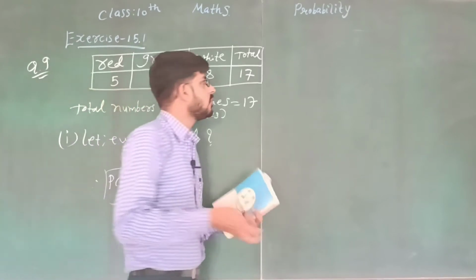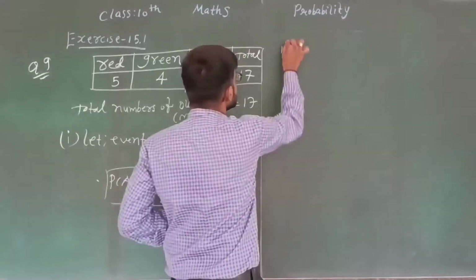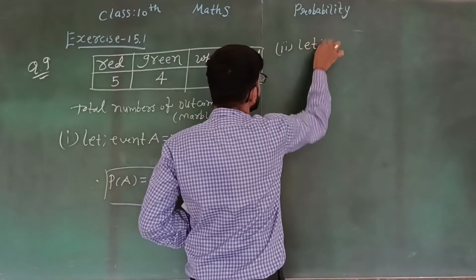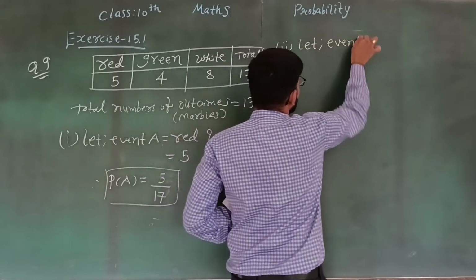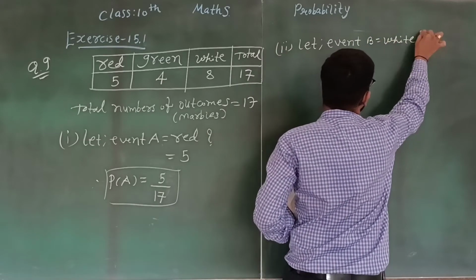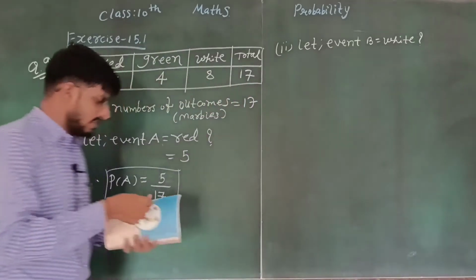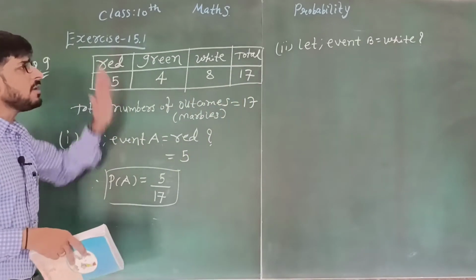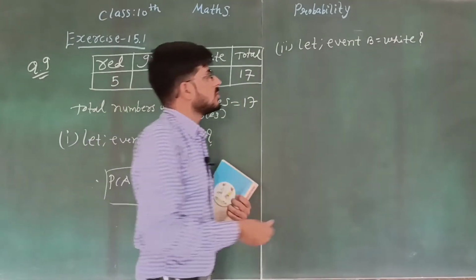Next, second, white marble. Let event B be white marble. In this given bag 8 marbles are white.